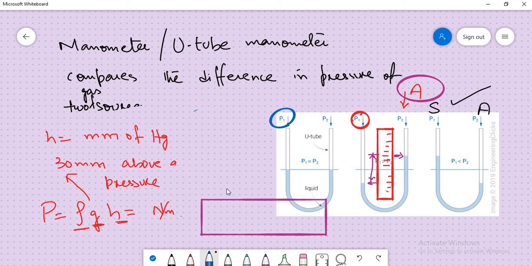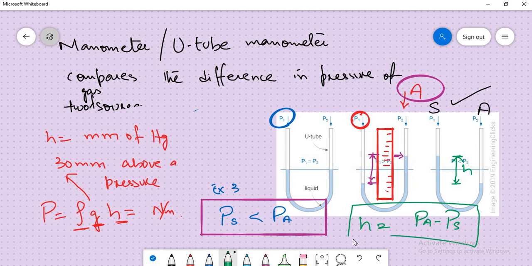So we can clearly see in example 3 that the pressure of the source is less than the pressure of air. The height in this case is not from the center, it is from the upper meniscus to the lower meniscus. So this height h will tell you the pressure of air minus the pressure of source. Why? Because this time the pressure of the air is greater than the pressure of the source. This is very important.